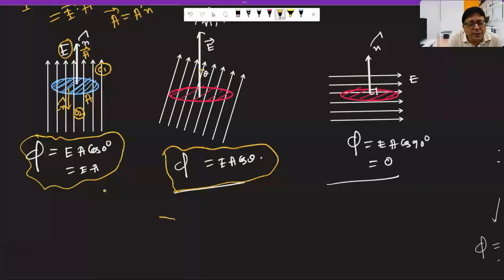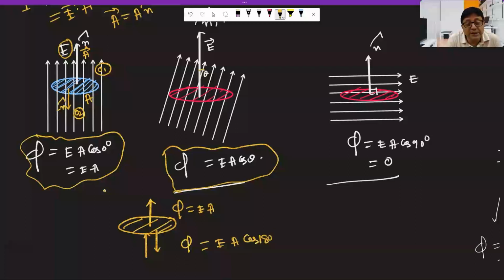So what will be the inward flux in this diagram which we have taken? If outward flux phi is equal to E into A, then inward flux is going to be equal to this. This is the direction of the electric field vector, but the area vector is directed in the opposite sense. So it will be E into A cos 180 degrees.